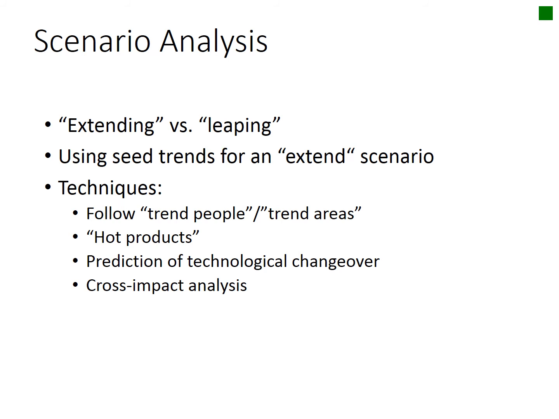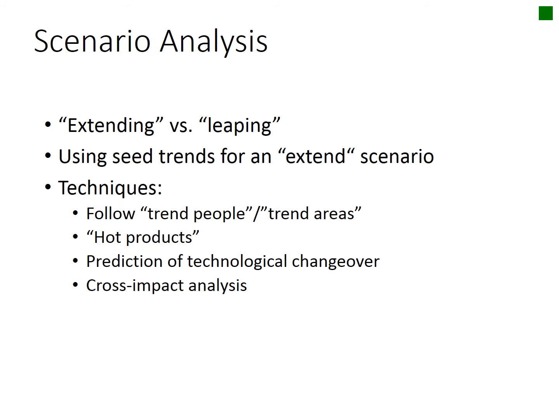Following our lead users, those trend people, and identifying hot technologies, technological transfers or changeovers that will allow us to make a big leap is a big emphasis, as well as doing scenarios and placing our consumers into a situation that they might not normally be set into.